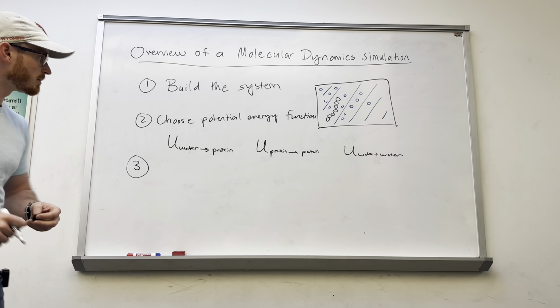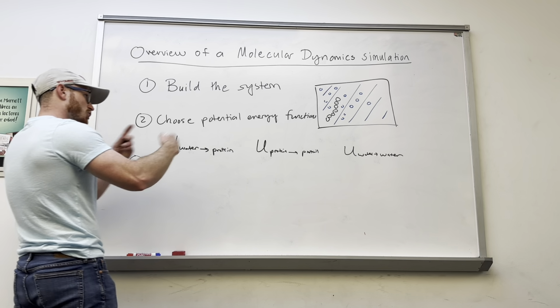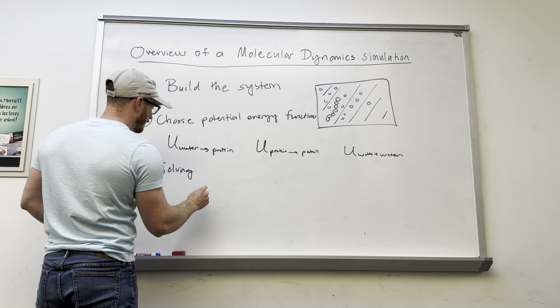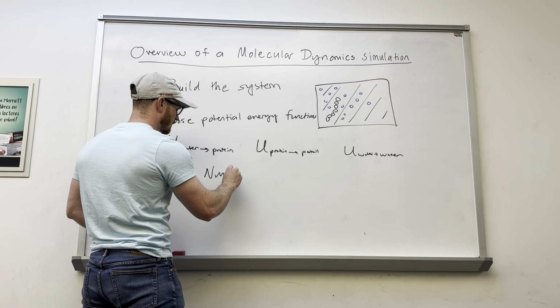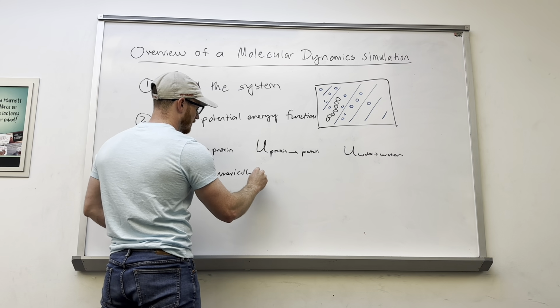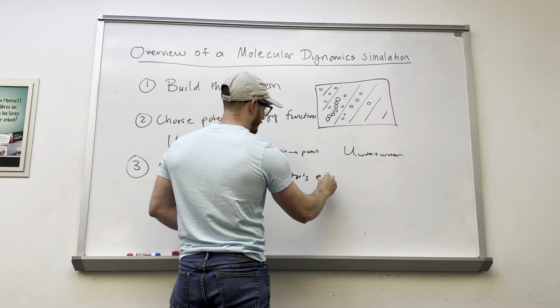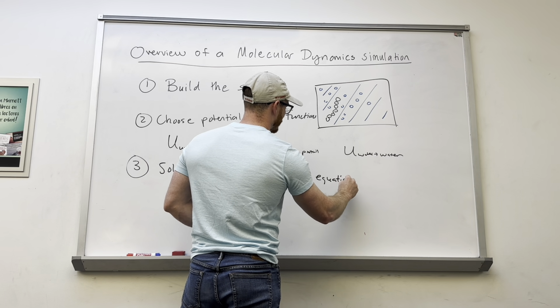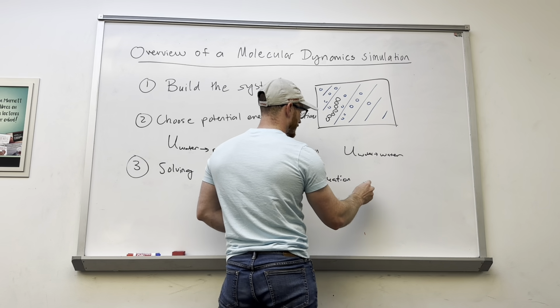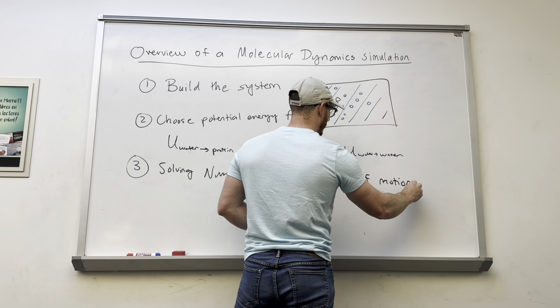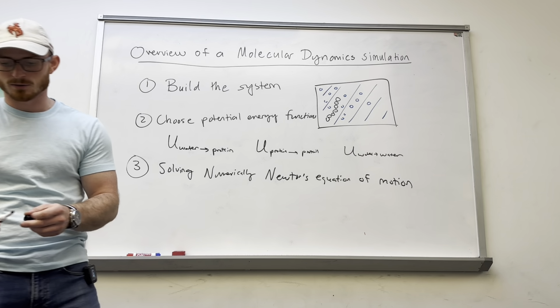The third step is initializing the system and then numerically solving the equations of motion. This is why it's molecular dynamics: we're actually solving Newton's equations of motion for this many-particle system.